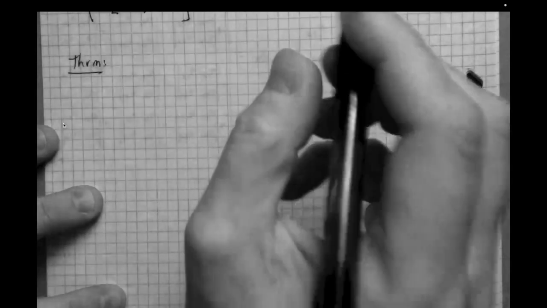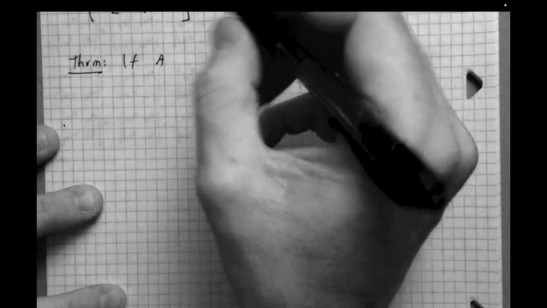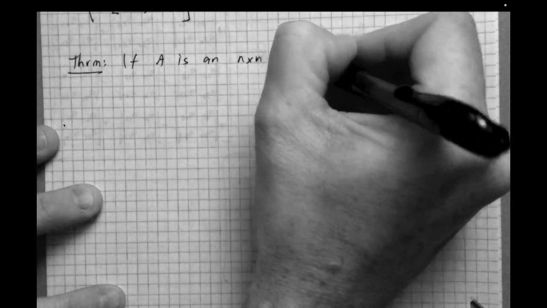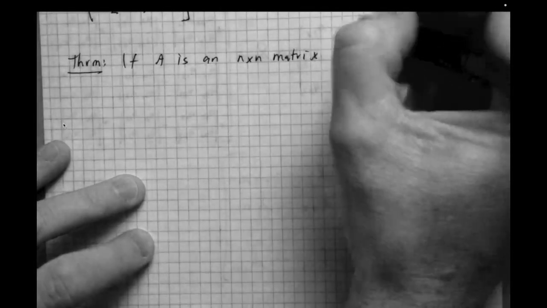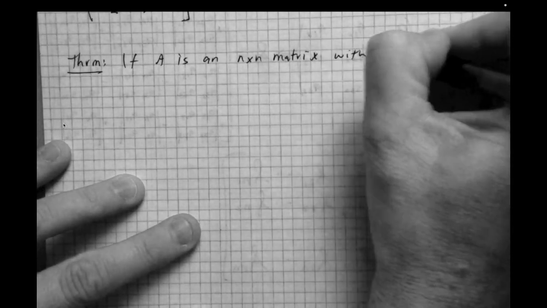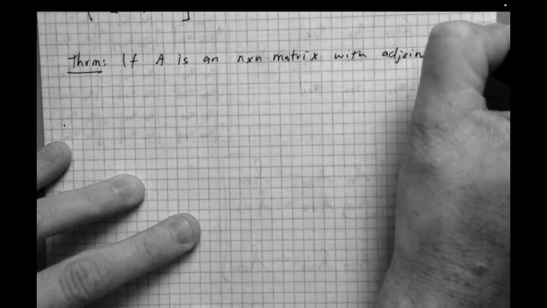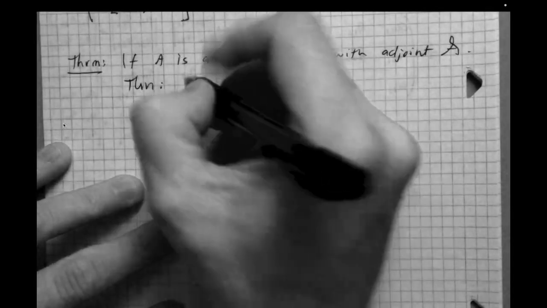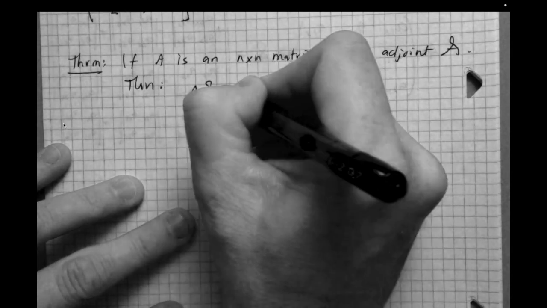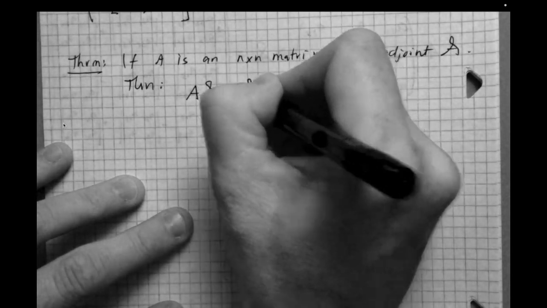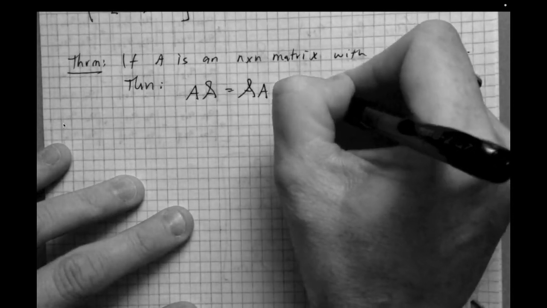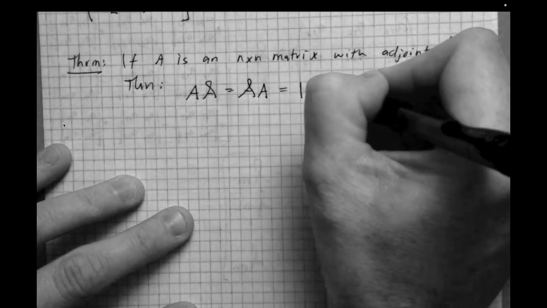Okay, so theorem: if A is an n by n matrix with adjoint A, then A times its adjoint is equal to the adjoint times A, which is equal to the determinant of A times the identity matrix.